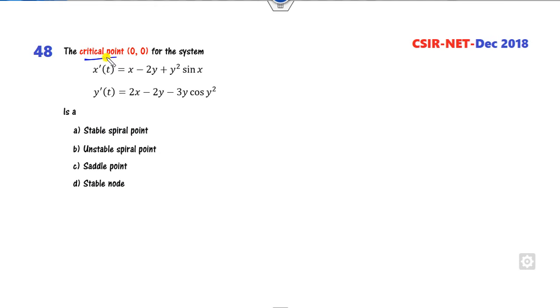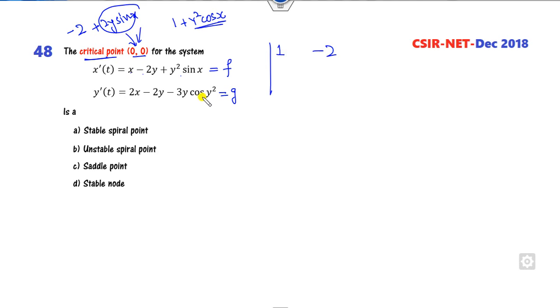Again, the critical point, they are talking about the spiral. So we consider this as f, this as g. What is the partial derivative with respect to x at the point (0, 0)? So 1 plus y² cos x. At (0, 0) this part is 0. So the answer is 1. Partial derivative with respect to y: minus of 2 plus 2y sin x. Again this part at the point (0, 0) is 0.